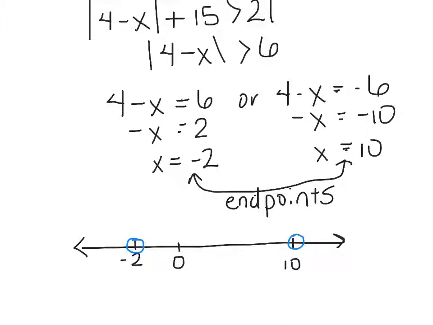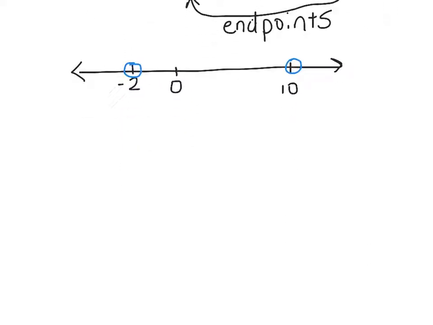So I'm going to move this down so I can have a little bit more room to write. Let's take a number in the left-hand range. Let's make it x is equal to -3. Substitute that into the original inequality and check to see if that is true.